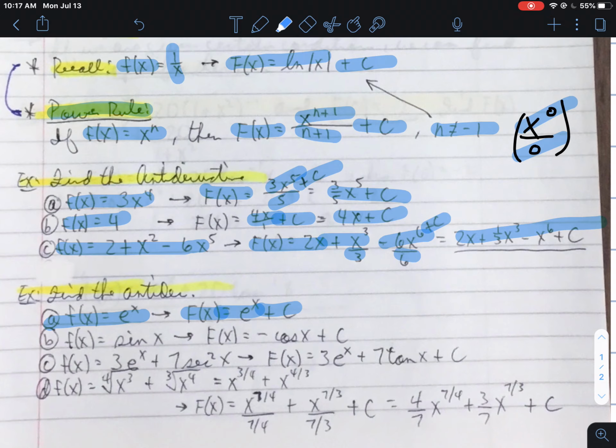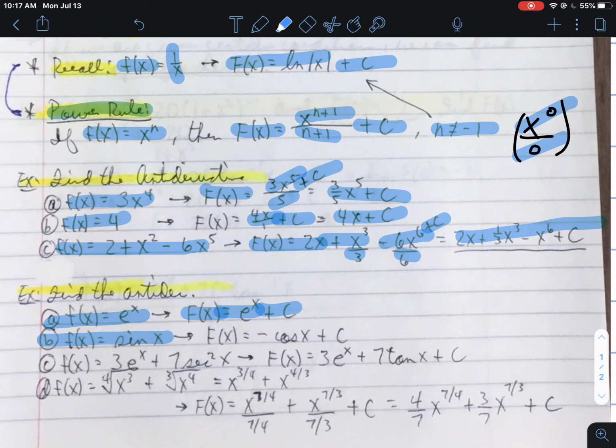Now for the trig functions, this is going to be memorization just like the derivatives, but there is one thing to be careful of here, and that's the signs of the function, whether it's positive or negative, because remember, the derivative of sine is cosine, and the derivative of cosine is negative sine.